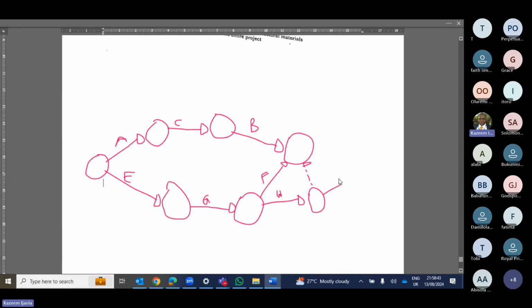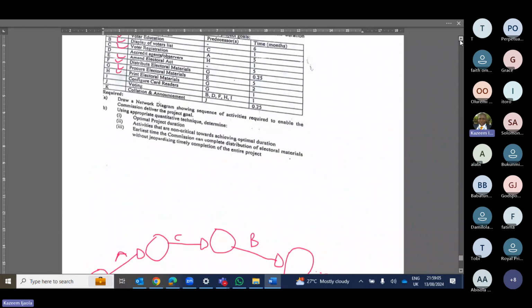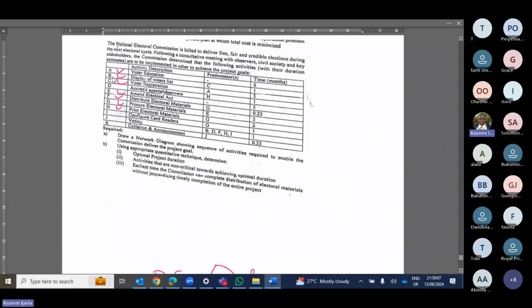So I will come like this too. Put my D here. Then put dummy again, because I can't take it up too. It will violate the rule. So I've done this one now.